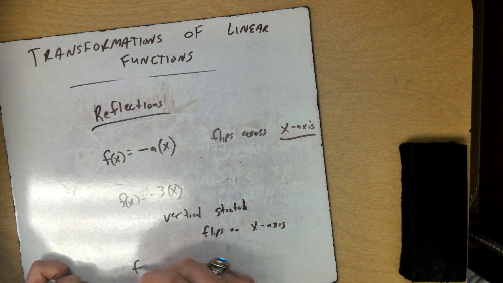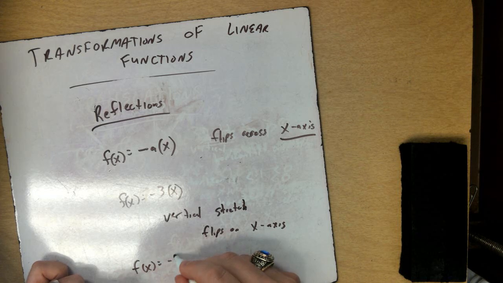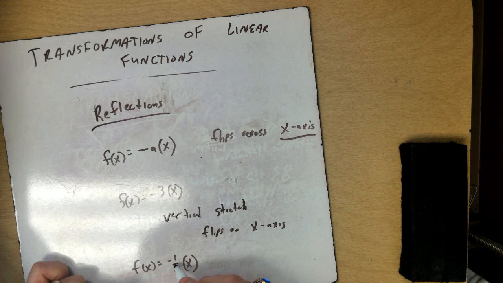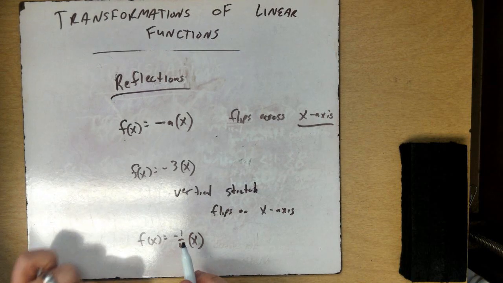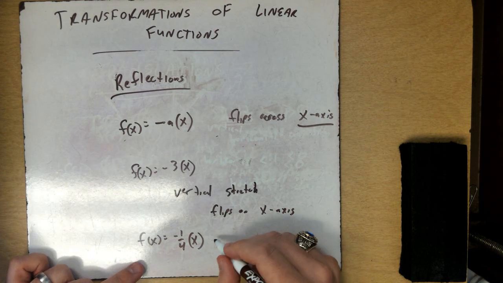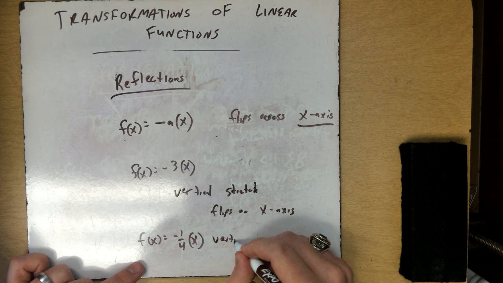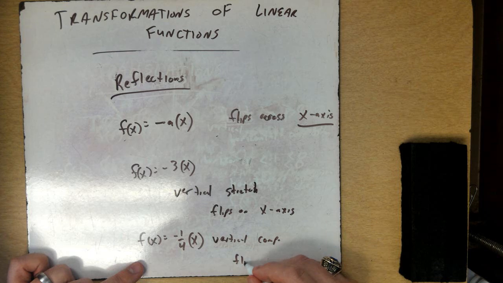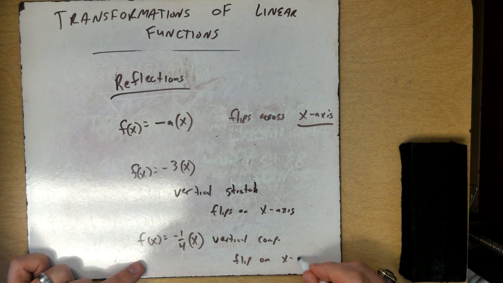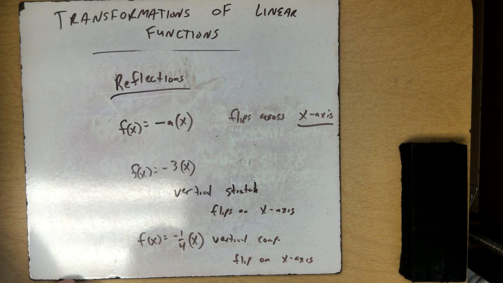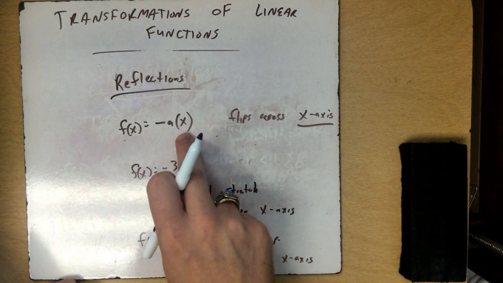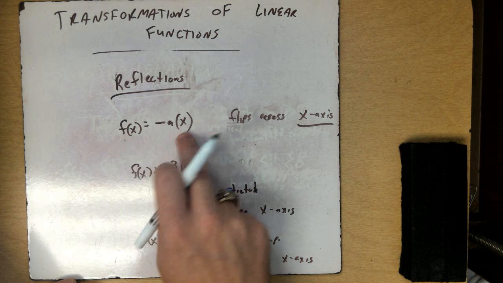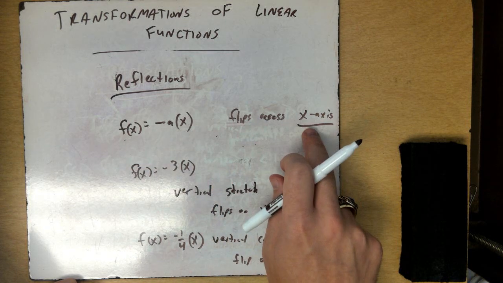And if we have this, right, it's less than 1 here, less than 1 here, we have vertical compression, flip on x axis, okay? So only x negative in front, only x in the parentheses, flips across the x axis, okay?